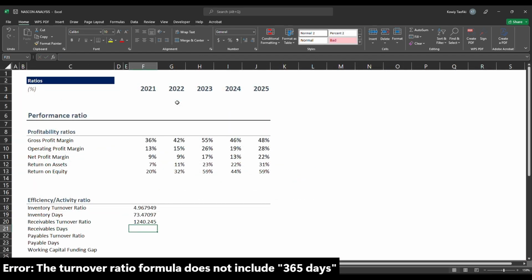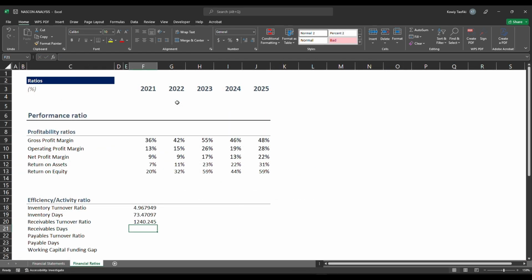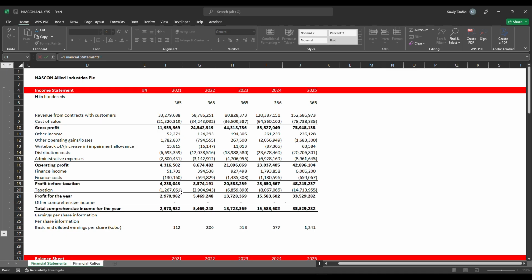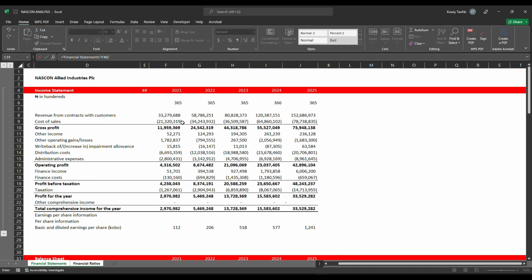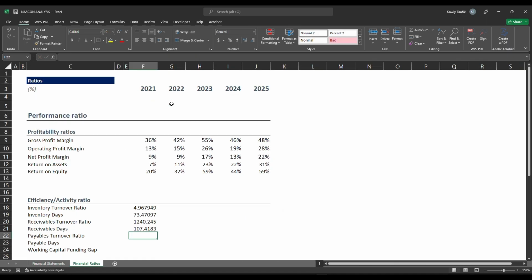Then we have enter. Then we do the same thing for receivable days ratio also, which is just the inverse of our formula, which is basically your accounts receivables divided by your sales. Then quickly put that in a bracket, multiply by 365 days. Then we have enter.